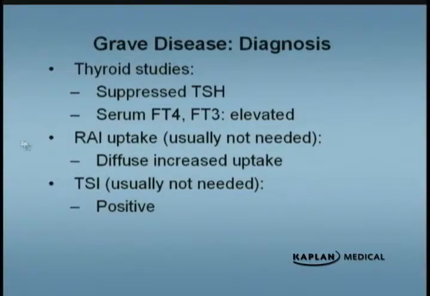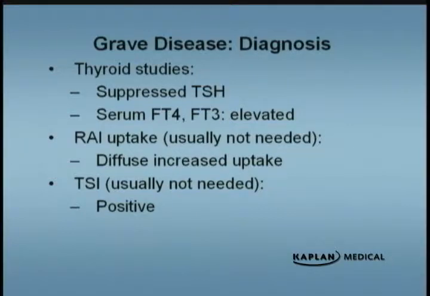The thyroid stimulating immunoglobulins, I told you, are the antibodies that we see in these patients in 95% of the cases. And they confirm the diagnosis, but we don't usually need them because they don't help us out a lot. We don't really do anything. Sometimes some people get them to see if the patient has recurrence of disease later.